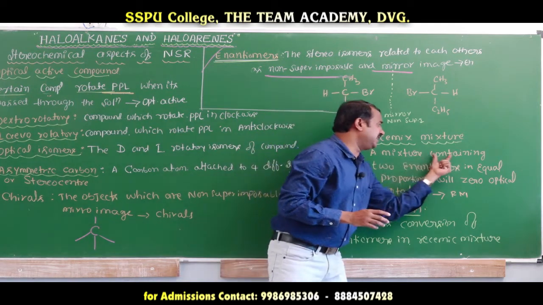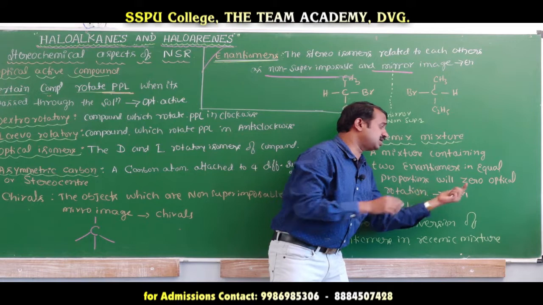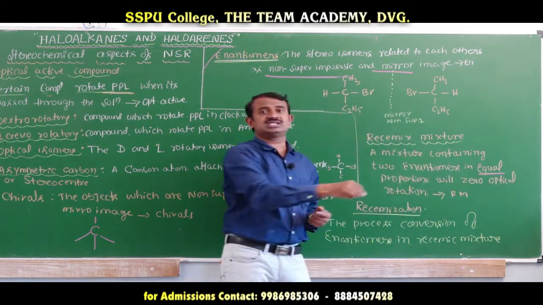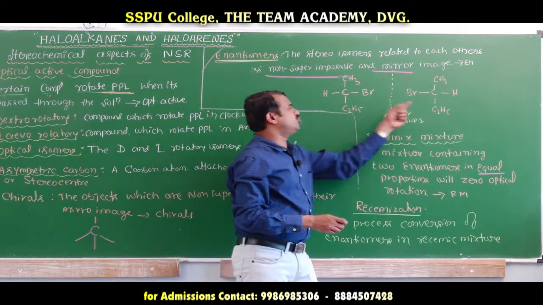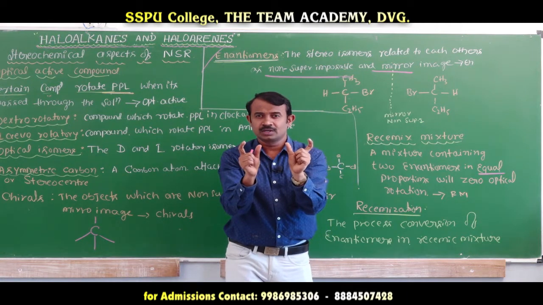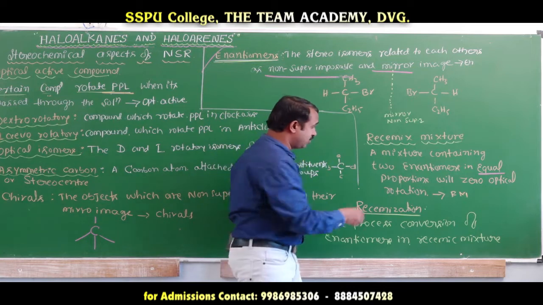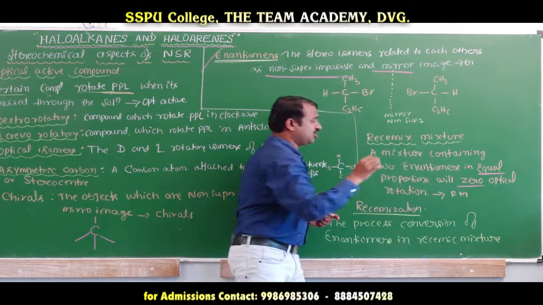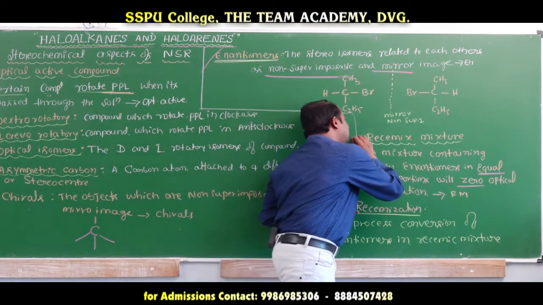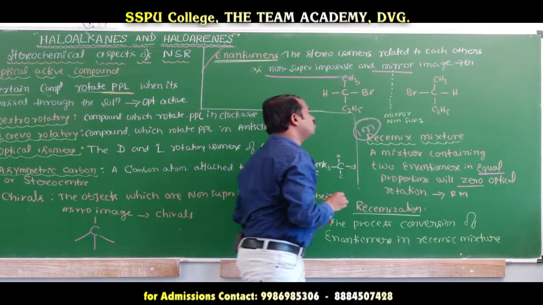A mixture containing 2 enantiomers in equal amounts has zero optical rotation. This is very important, and it is called a racemic mixture. They will ask it as a 1 mark question.